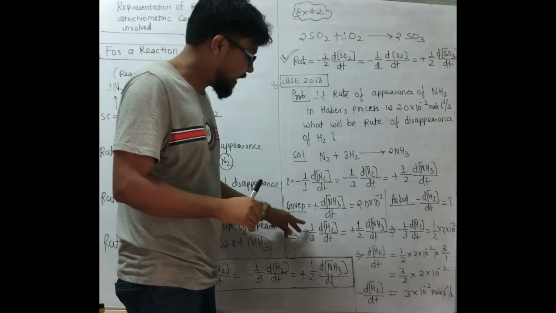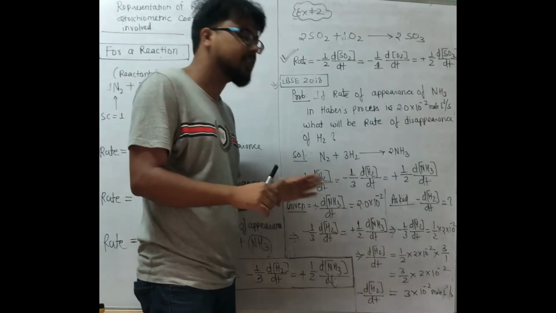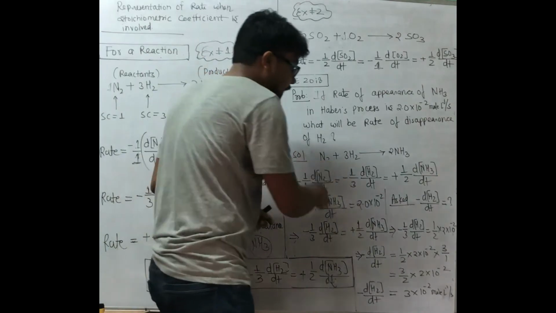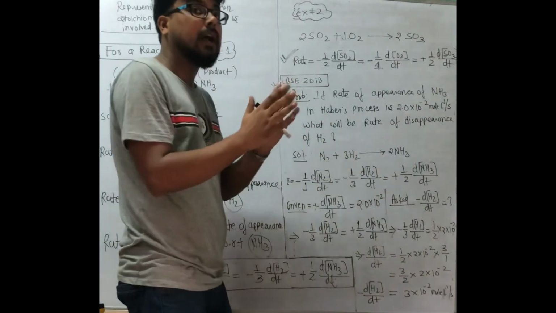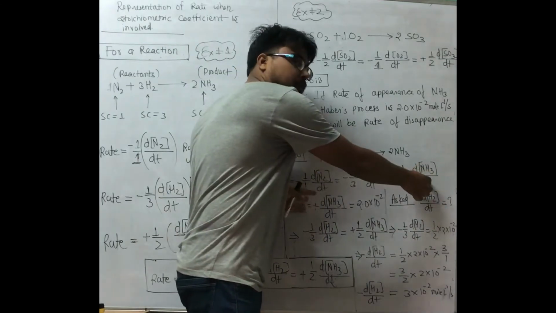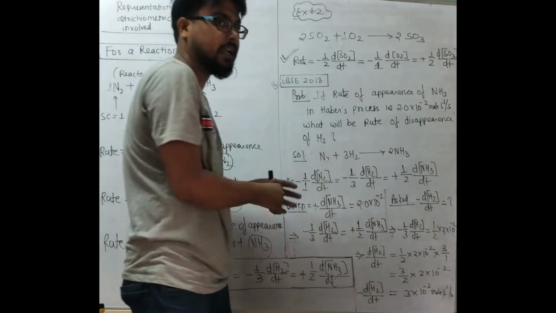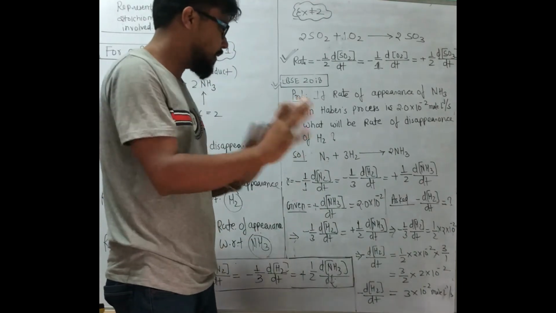It would be minus 1 by 1 d[N2]/dt equal to 1 by 2 d[NH3]/dt. All these terms are equal to each other, so this term can equal this one, and this one can equal that one. Any relation you can manage.